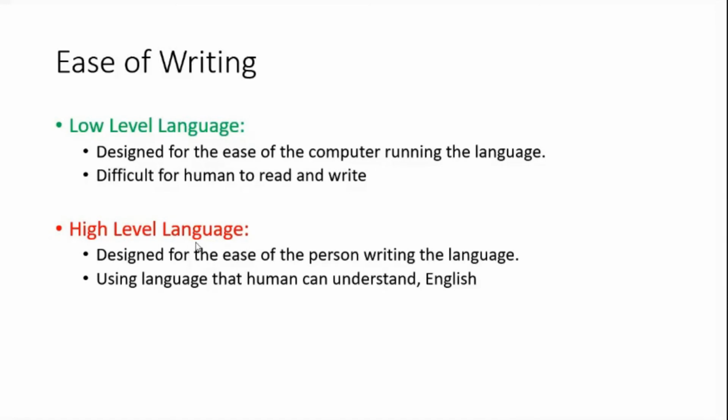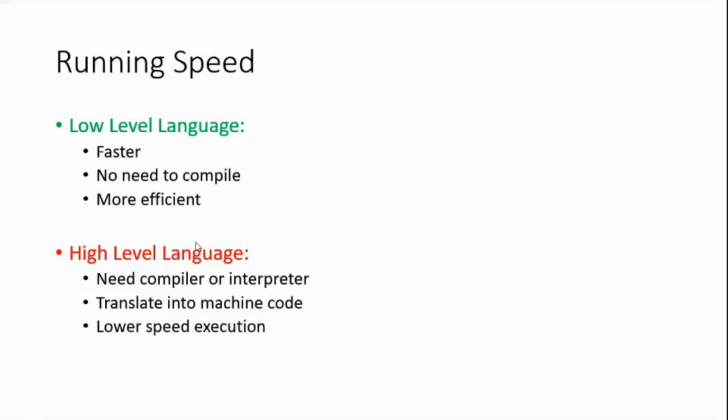But there is a set of rules which you have to follow while writing these programs. That can be considered as a grammar for that particular language. So using these high-level languages, the human can understand, but the machine will not understand.